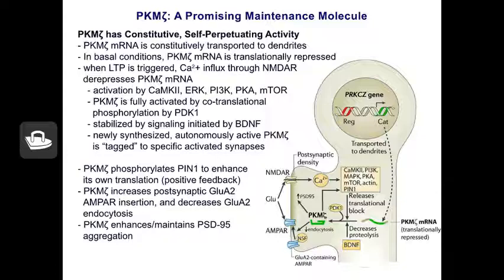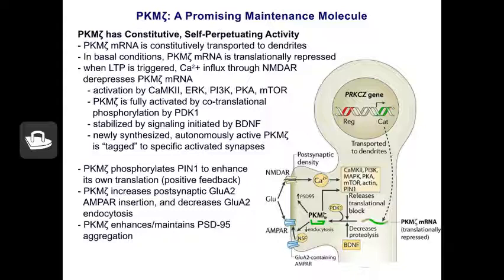So every time protein kinase M-zeta is translated at a stimulated spine, and therefore a tagged spine, it activates PIN1, which causes more protein kinase M-zeta messenger RNA to be translated.